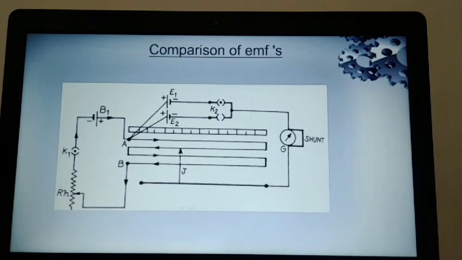That is the balancing length. You are not knowing E1 and E2, but where they balance with the primary circuit, L1 and L2 you know. So L1 by L2 will be E1 by E2. In that sense, you can compare the EMF of E1 and E2 by taking the balancing lengths of E1 and E2 separately. So that is comparison of EMF.